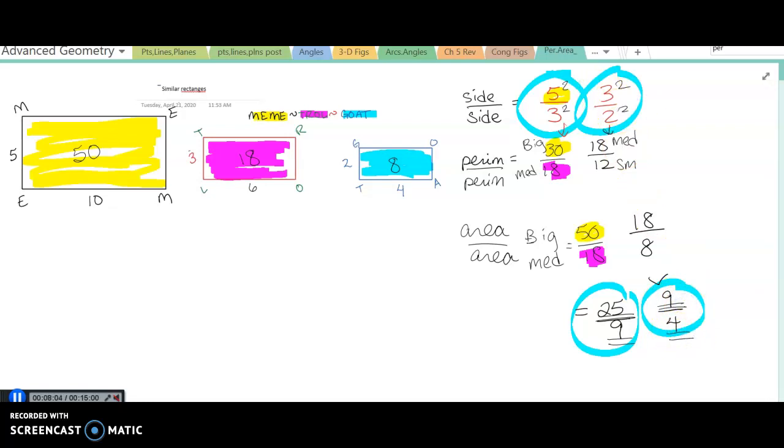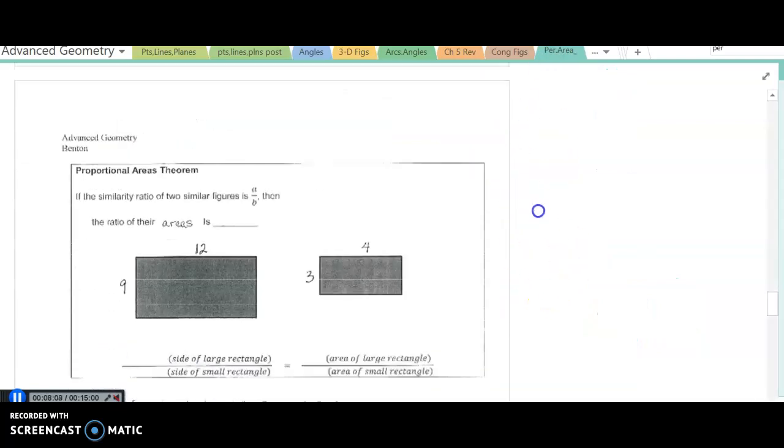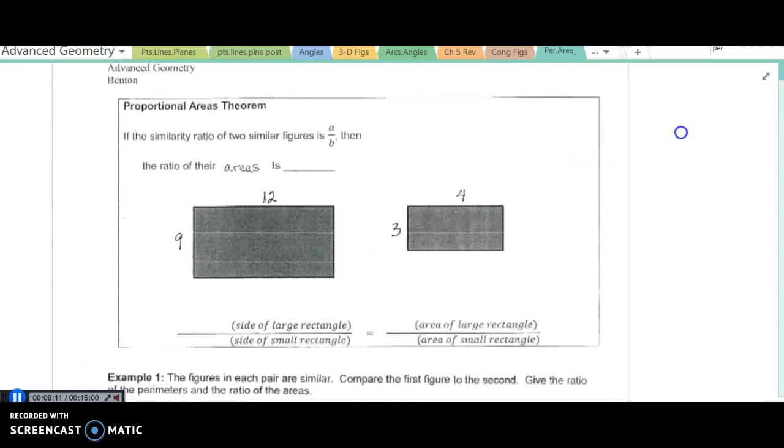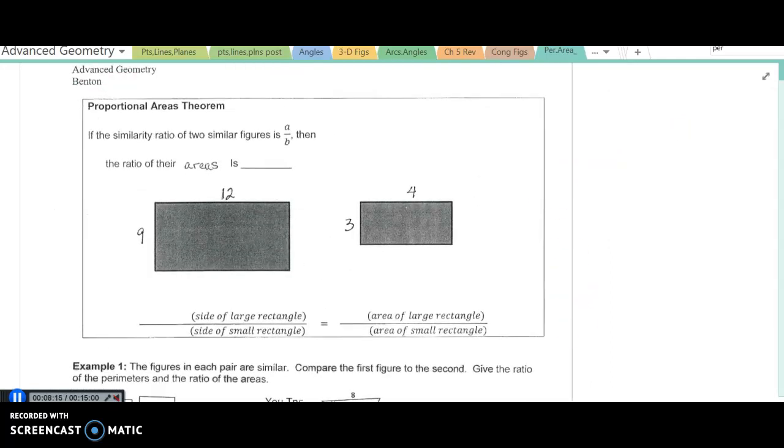So friends, that's going to be our second theorem for the day. The proportional areas theorem says if you have similarity ratios of A to B, then the ratio of their areas is A squared to B squared.